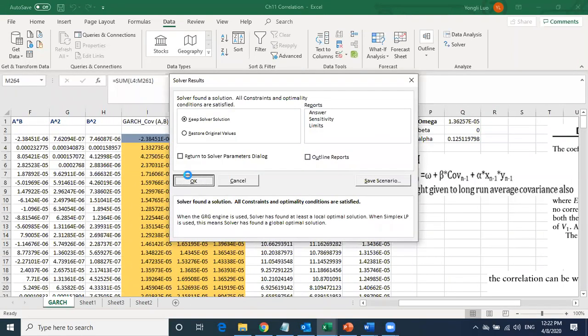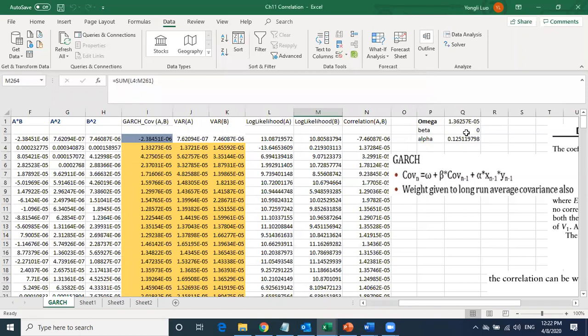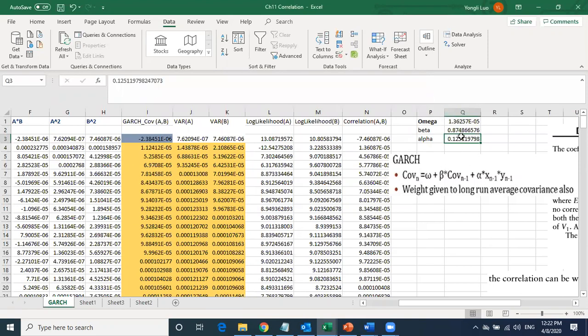You have a solver, so you can see you have a solver and you get this number. So beta equals 1 minus omega minus alpha. That's your estimate: beta, omega, and alpha. So that's how you do the estimation using the GARCH 1,1 model.